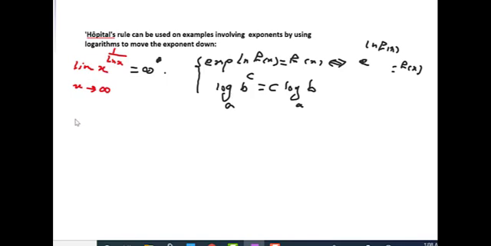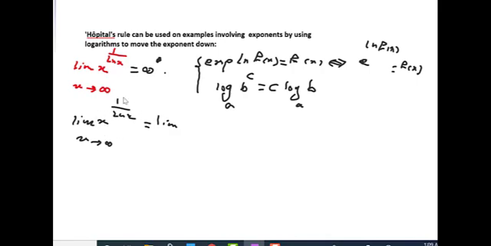So let's use this one. I have the limit of x power 1 over ln x when x approaches infinity.